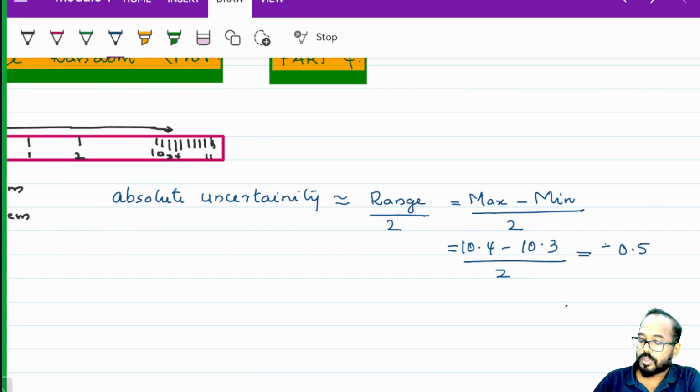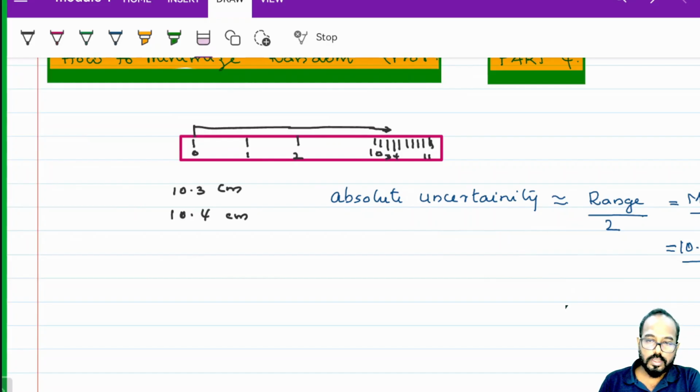It can be plus or minus 0.05. So how can you represent this length? It will be 10.3 centimeter plus or minus 0.05 centimeter. So that will be the length. Okay, this is how you represent.